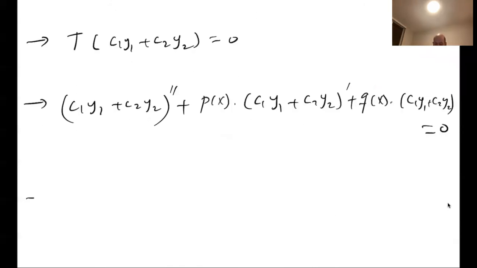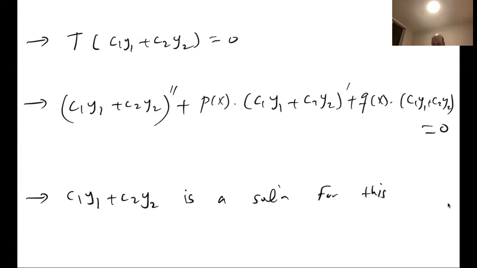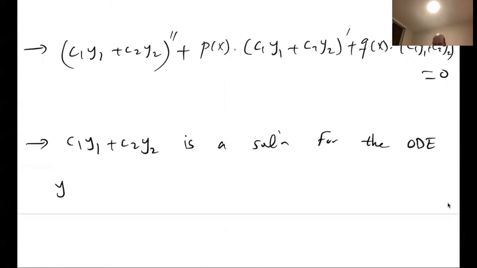And that means C1 y1 plus C2 y2 is a solution for this ODE, for the ODE y double prime plus P of x times y prime plus Q of x times y equals 0.